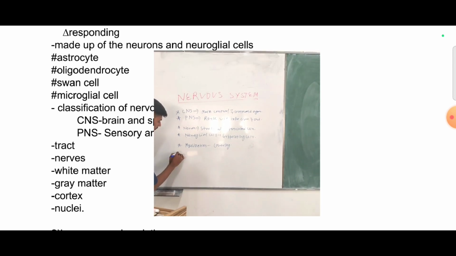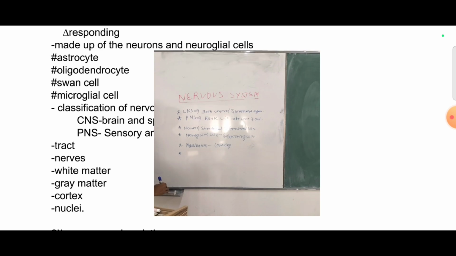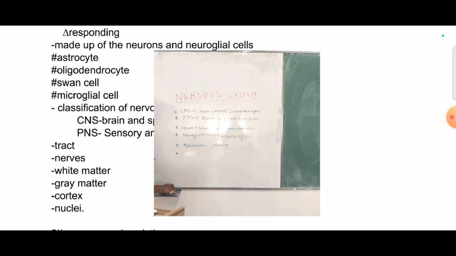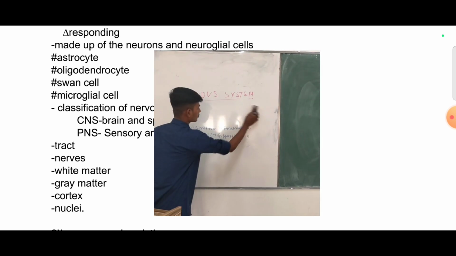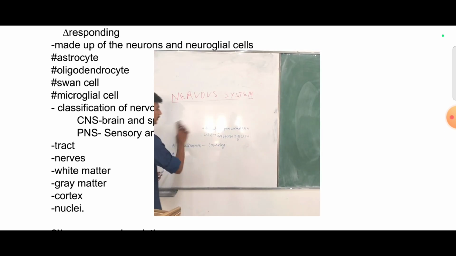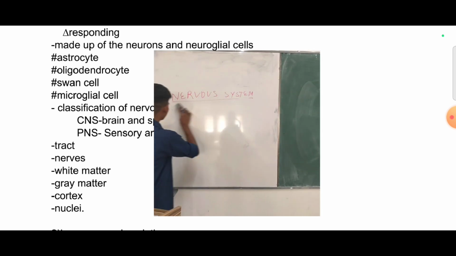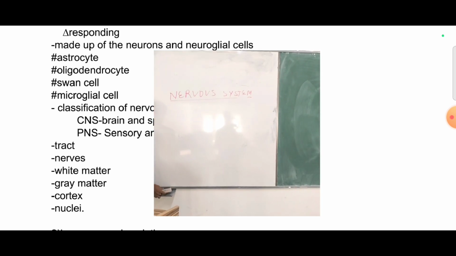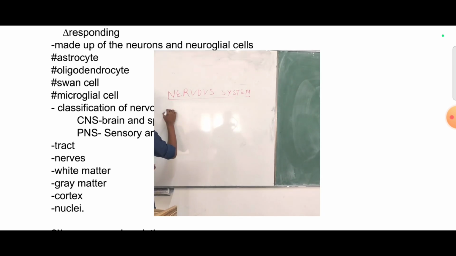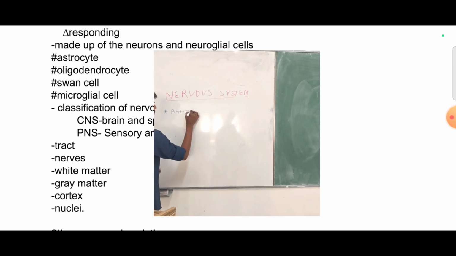Okay. Then we should know two or three more words. Hope you are clear with these terms. Now, another term related to the nervous system is the autonomic nervous system.